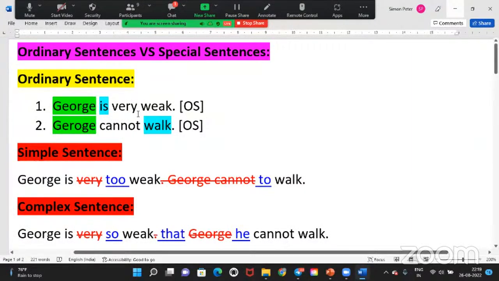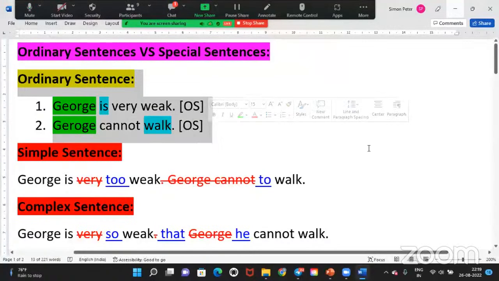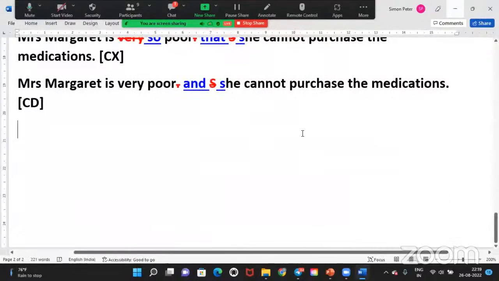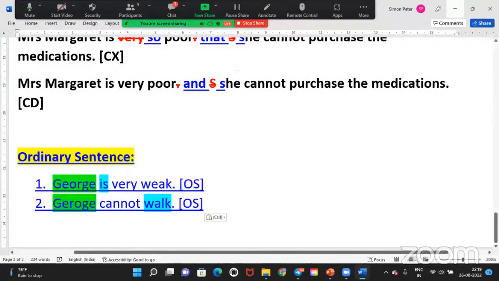Opposites. This is negative, this is negative. But one is negative, one is positive, like that sentences we are going to take. These are double negative or double positive sentences. But now we are going to see contrasting sentences.